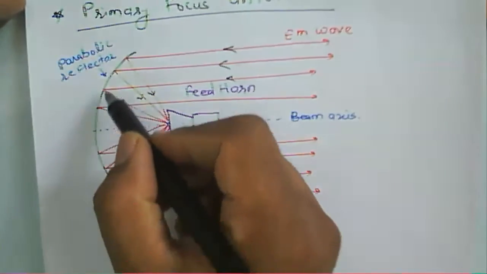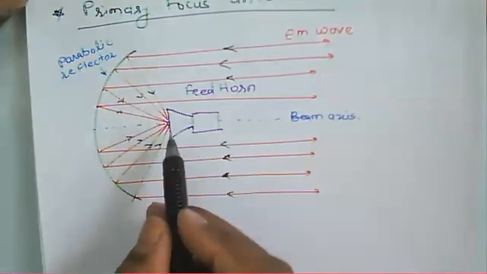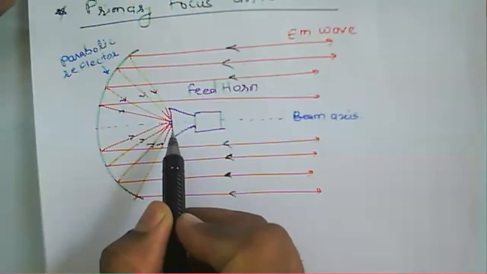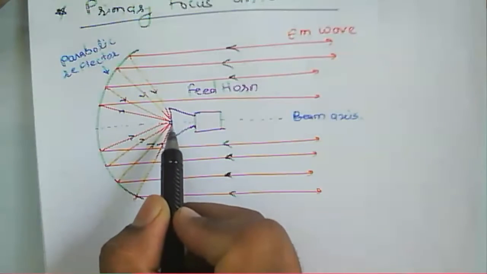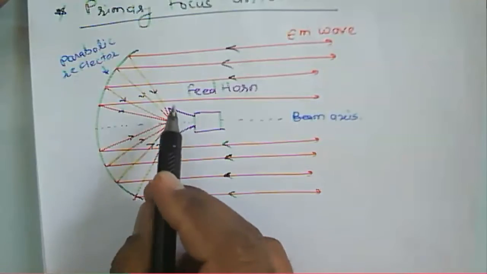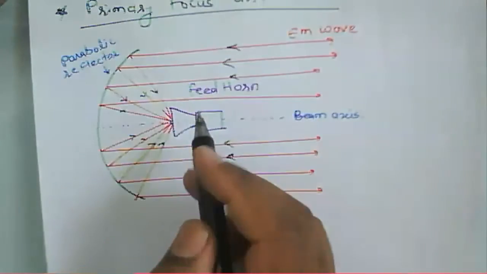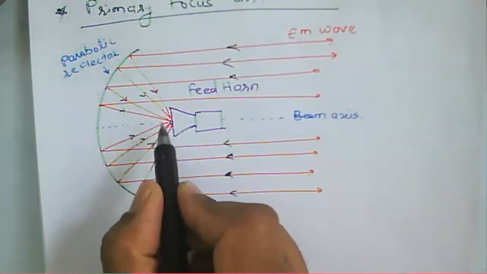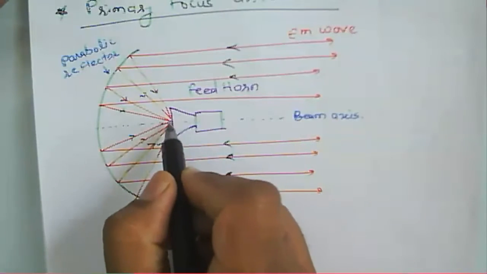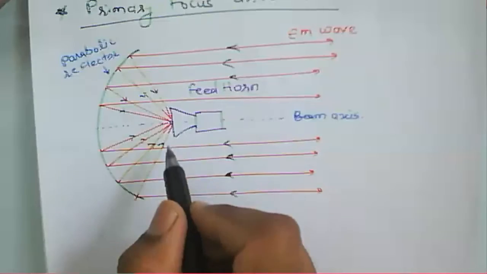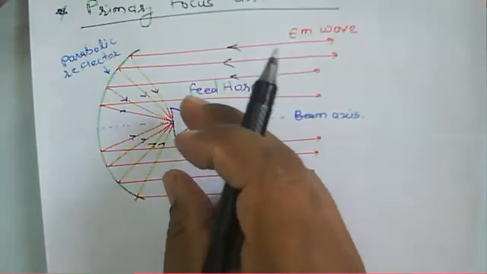As compared to the large parabolic reflector, the size of the horn antenna, or the size of the feed, is small here. So that's why there is no concern. But due to the blockage caused by this horn antenna, the size of the horn antenna has to be very small.